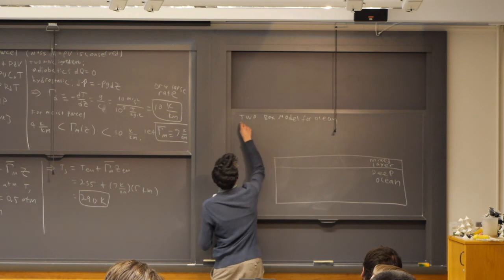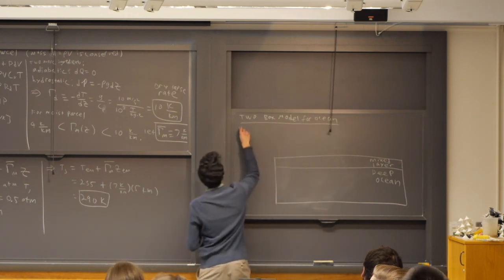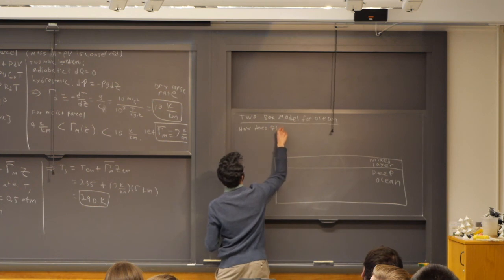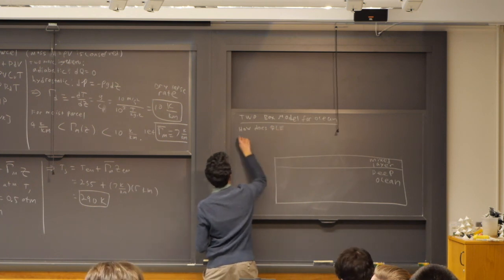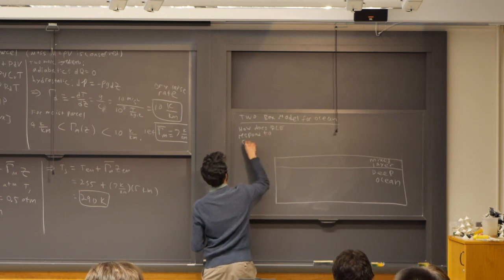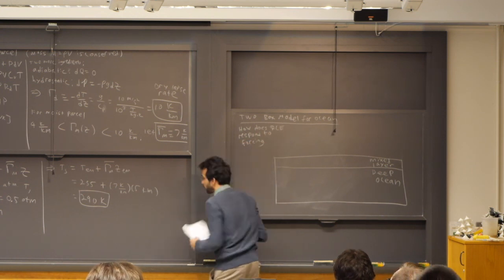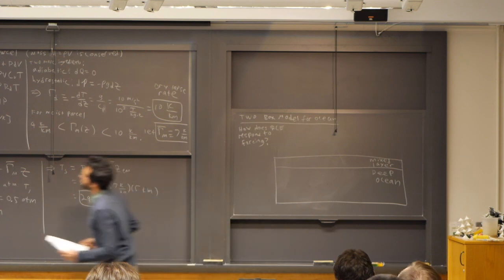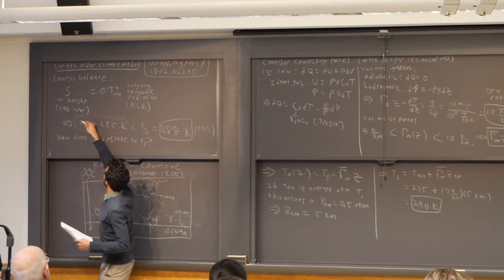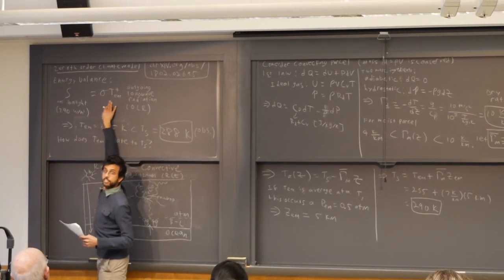All right. So now I want to ask, how does this RCE system respond to forcing? By forcing, I mean a disturbance to the energy balance at the top of the atmosphere. What CO2 is doing is reducing this.